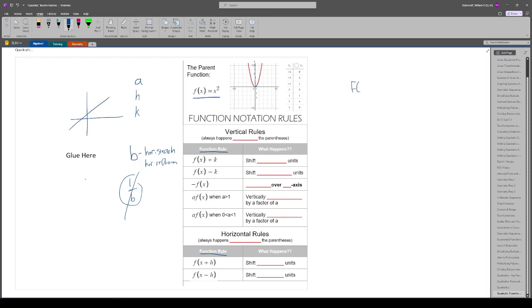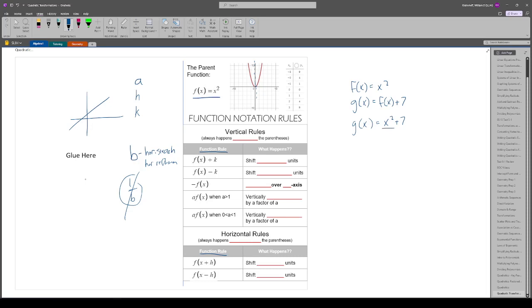So if I said f of x equals x squared, and my new function g of x equals f of x plus 7, then my transformed function would be g of x equals x squared plus 7. I just add 7 onto whatever all of f of x is. So this x squared came from here, and then at the end I added 7.